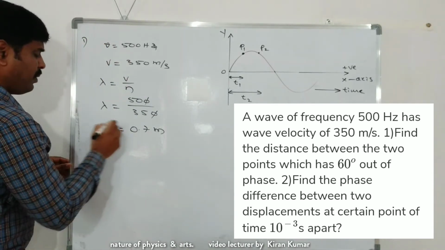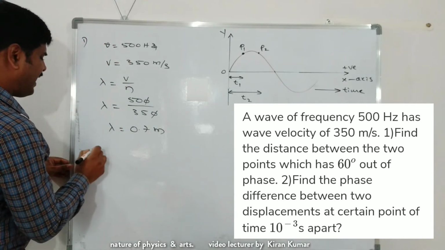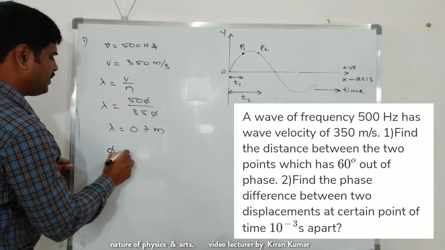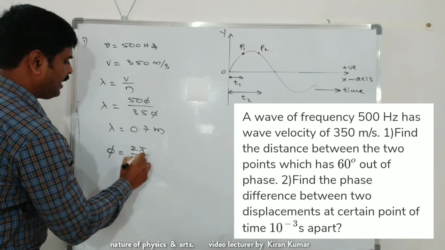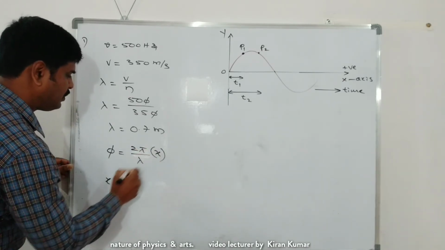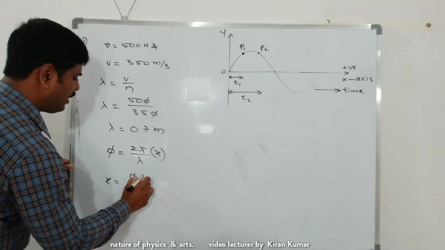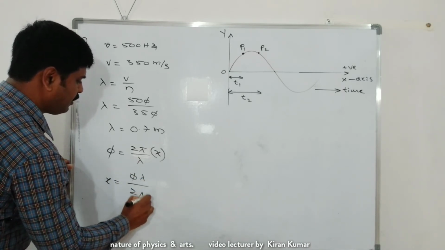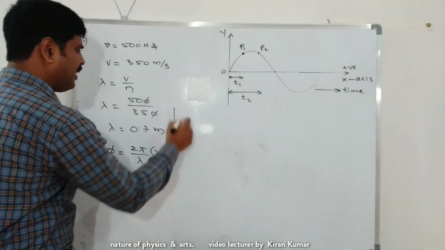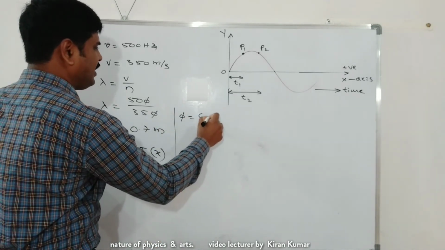Okay, so try to understand, path difference is asked here. So phase is equal to 2 pi by lambda into x, and x is equal to phi lambda divided by 2 pi. Here the phi value is given as 60 degrees.